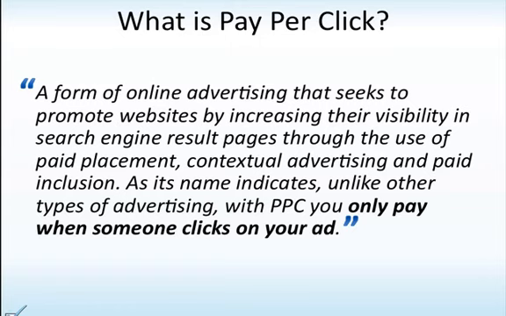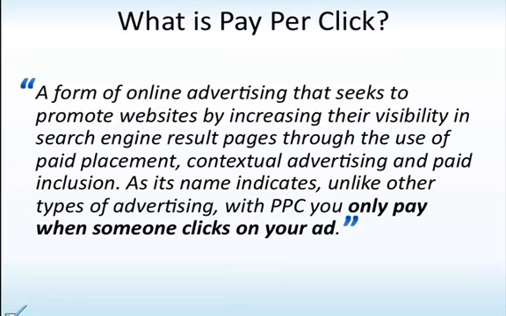So let's start with the definition, actually. What is pay-per-click? Pay-per-click, also known as PPC, some people also call it search engine marketing or SEM, even though in some circumstances SEM is more the umbrella term for both pay-per-click and search engine optimization, which is also known as SEO.